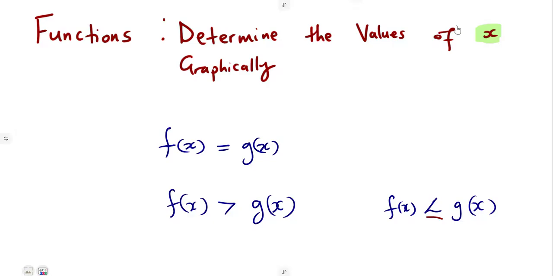So in this case, we are going to consider, as a continuation from the previous part that we had working with the determination of the values of x which affect the given functions or the given graphs, and that is supposed to be done graphically.